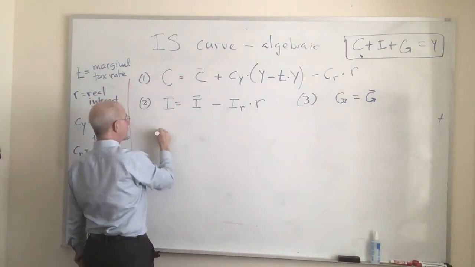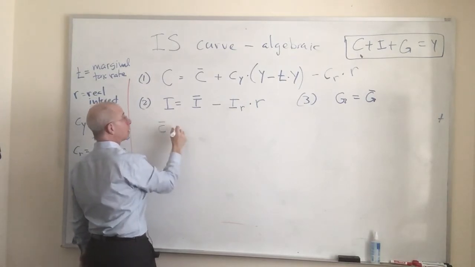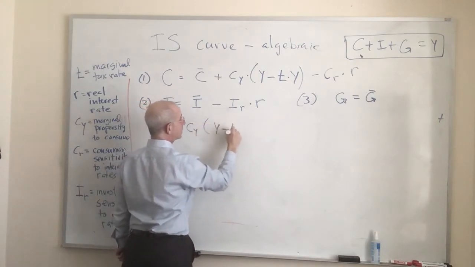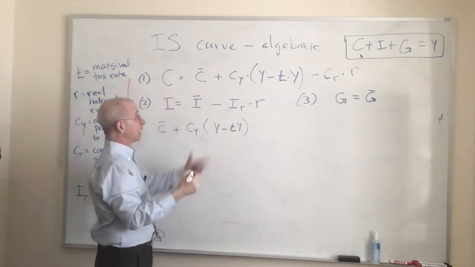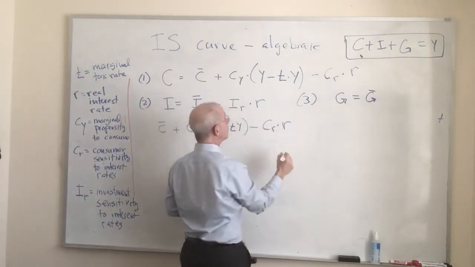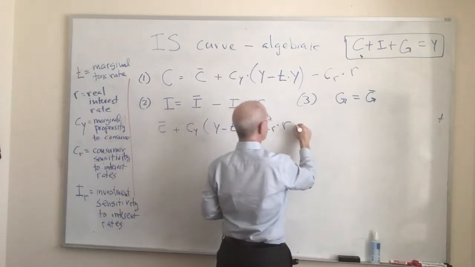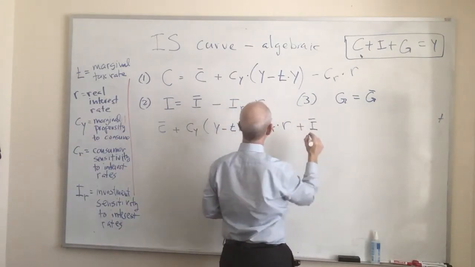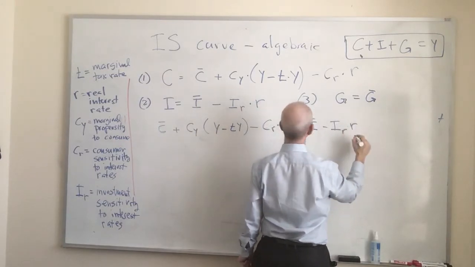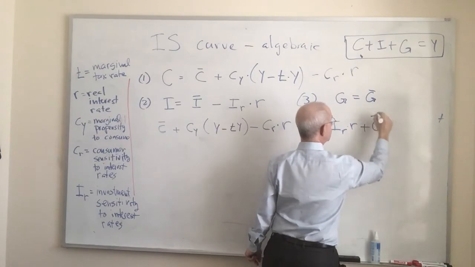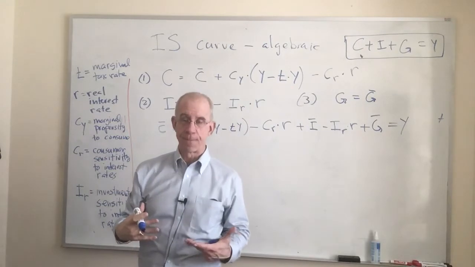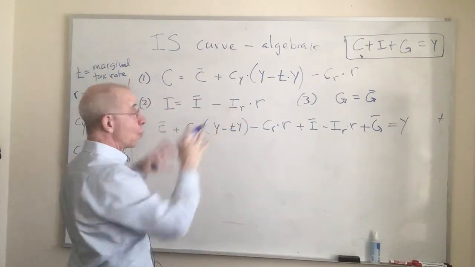So we've got C bar plus CY times (Y minus TY), minus CR times R, that's just C, plus I bar minus IR times R, the sensitivity to interest rates, plus G bar, and that's all going to be equal to national income in equilibrium. Okay, so I've just plugged in what I've already got.